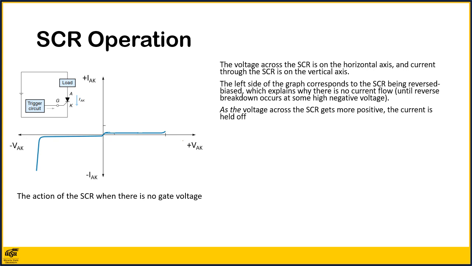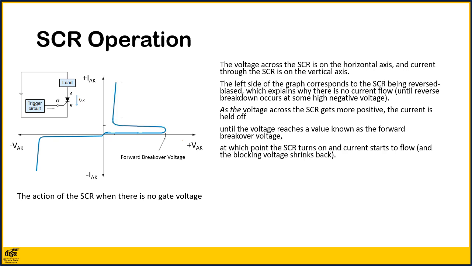The interesting action takes place on the right half of the graph, where the solid line indicates the action of the SCR when there is no gate voltage. As the voltage across the SCR gets more positive, the current is held off until the voltage reaches a value known as the forward breakdown voltage, at which point the SCR turns on and the current starts to flow, and the blocking voltage shrinks back.